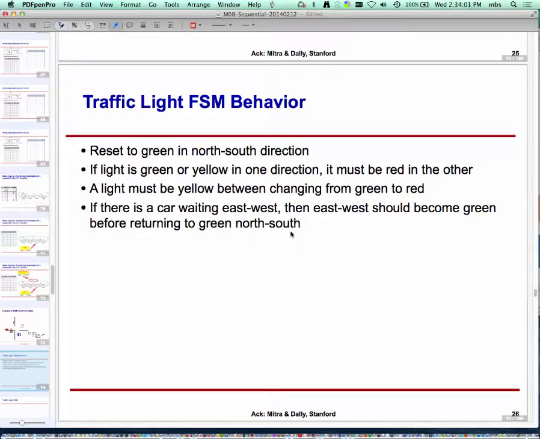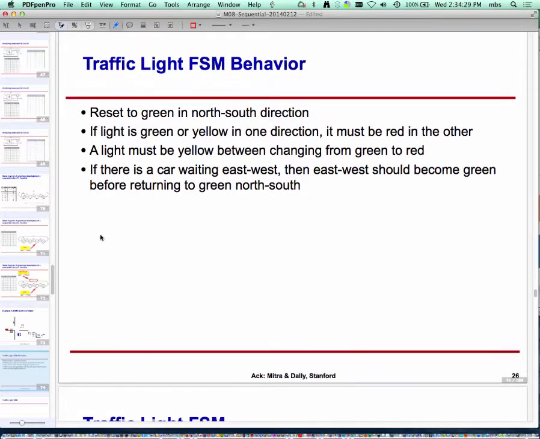So the idea being that if a car comes on the east-west, then we are going to turn the north-south to be red while obeying the preceding conditions, and then turn east-west green, let the car go through, and then flip back to north-south green. So that's the behavior we want.